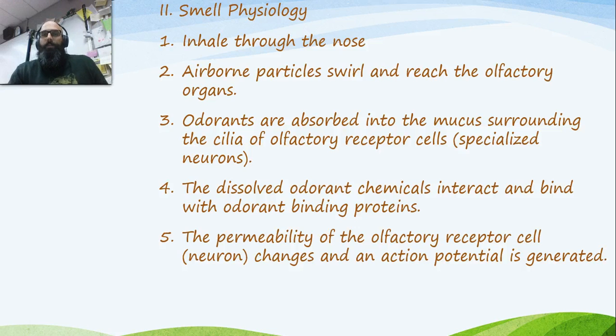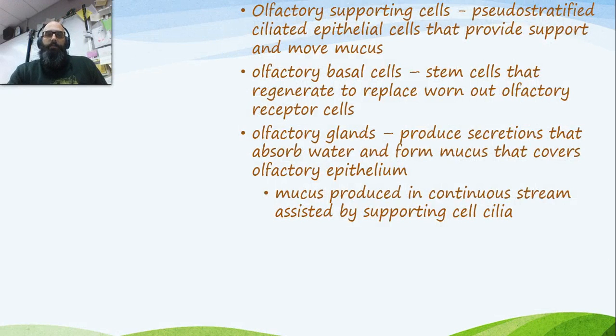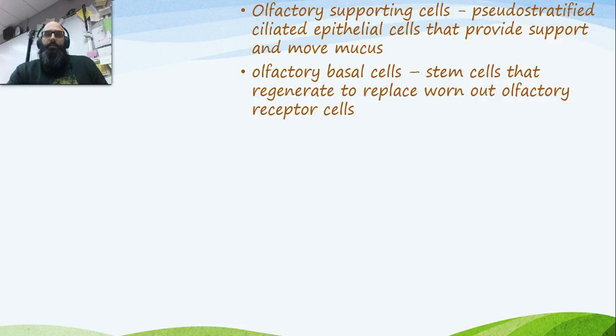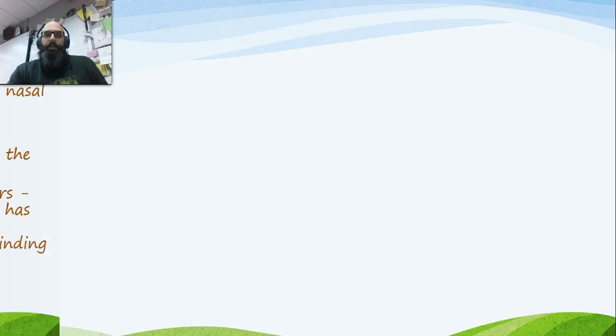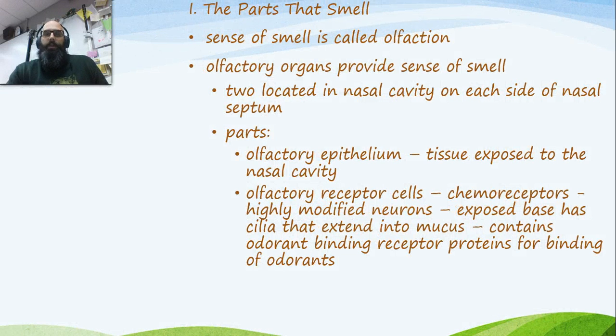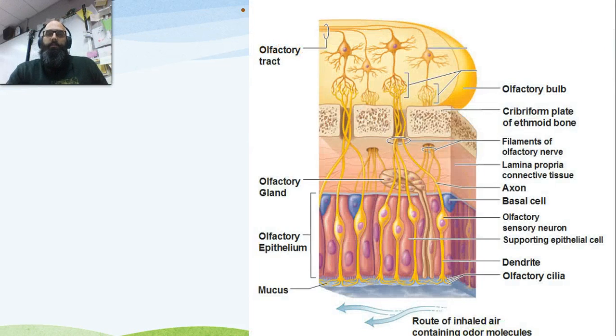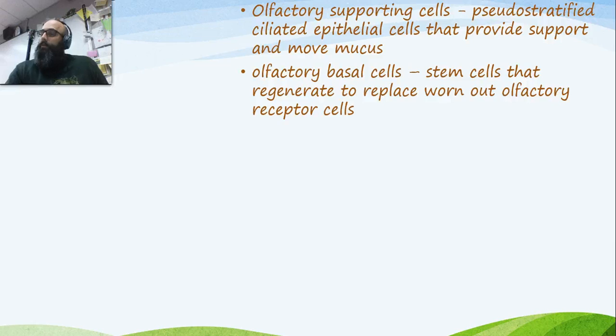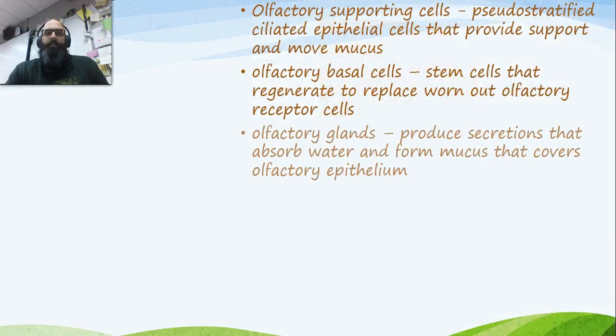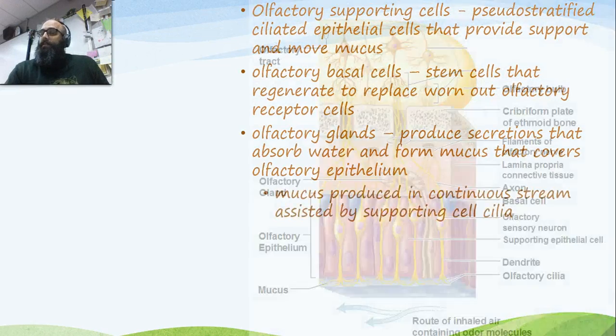Now, those were all the structures. So the main things you need to understand here are that you have the olfactory epithelium, which is part of a larger structure called the olfactory organs. The olfactory epithelium is comprised of olfactory receptor cells, olfactory supporting cells, olfactory basal cells, and olfactory glands.